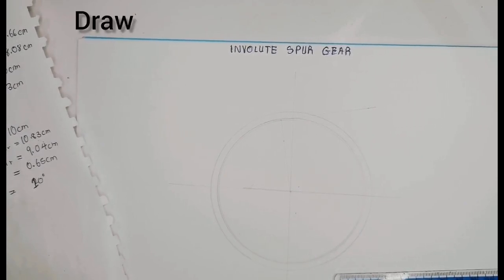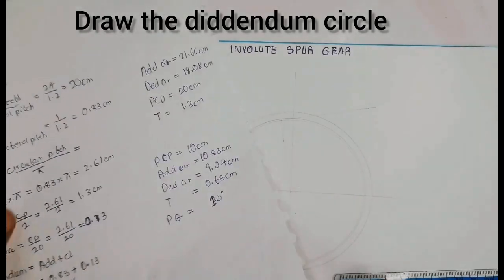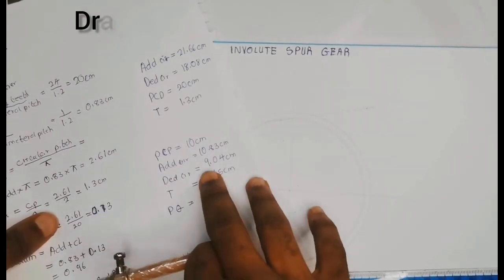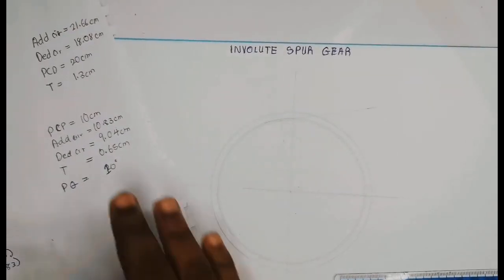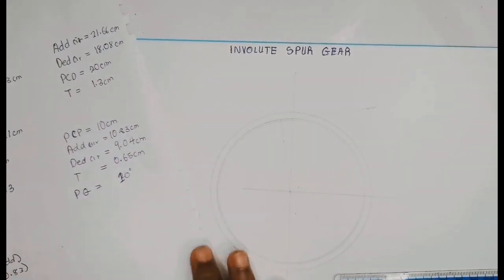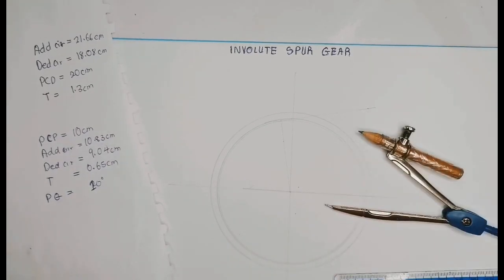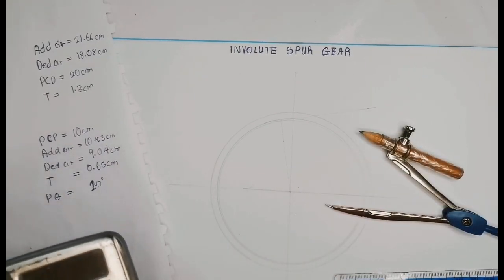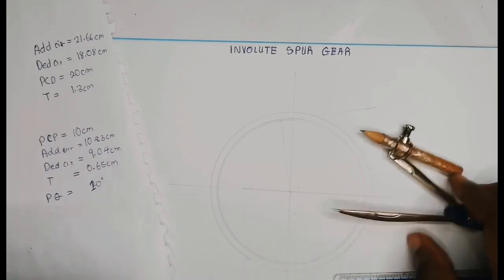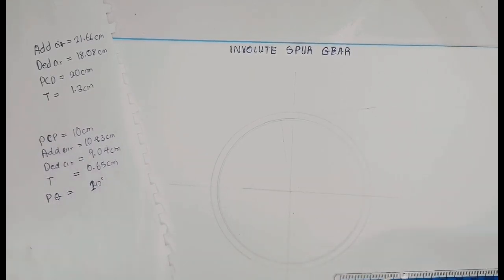After this, next we draw our dedendum circle, which is given to us, which we calculated as 9.04. This is also a diameter and we divide it by 2 to get the radius. So 9.04 divided by 2. Now our radius becomes 4.5.